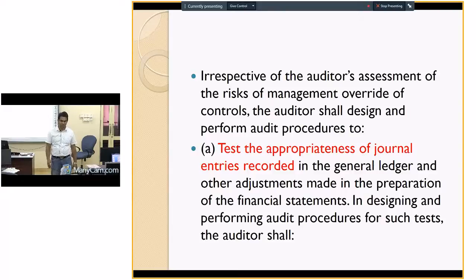Right? So practically, some good systems don't allow entries to be passed after the year end, or they give some period, say 7 or 10 days after the financial period, and after that the system doesn't allow it.